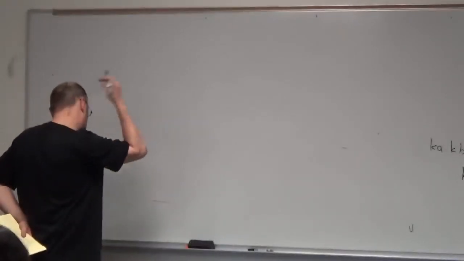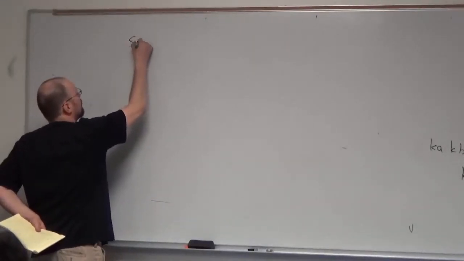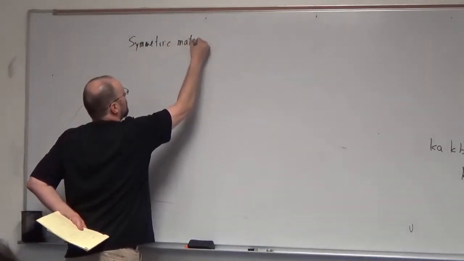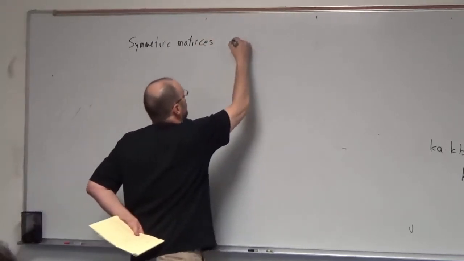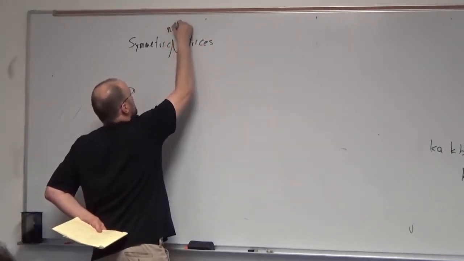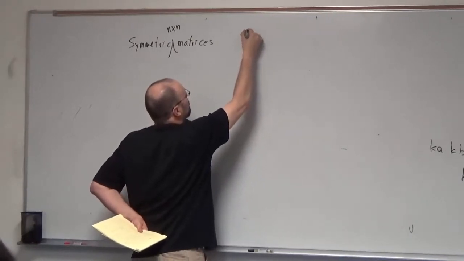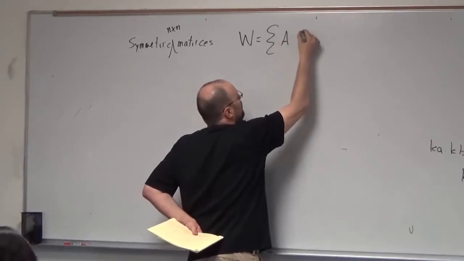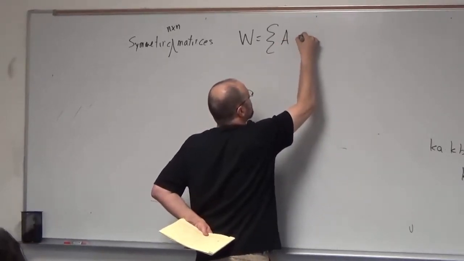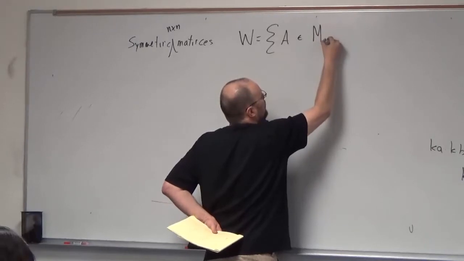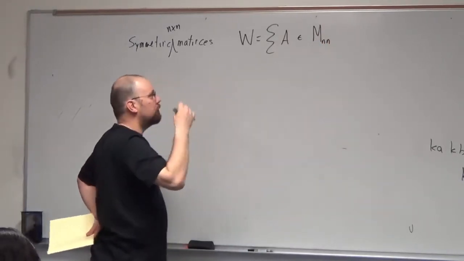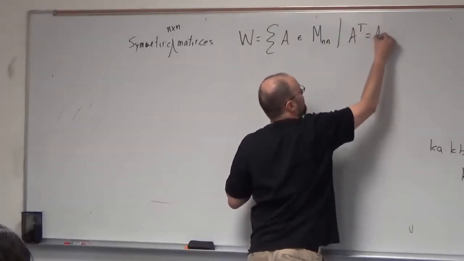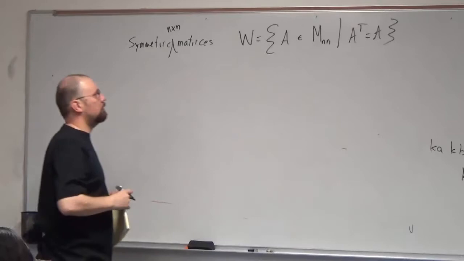So if we consider, say, symmetric matrices, n by n matrices, this is our W. It's the set of all n by n square matrices that are symmetric, such that A transpose equals A.